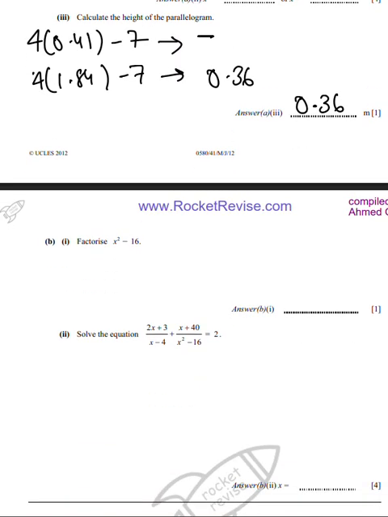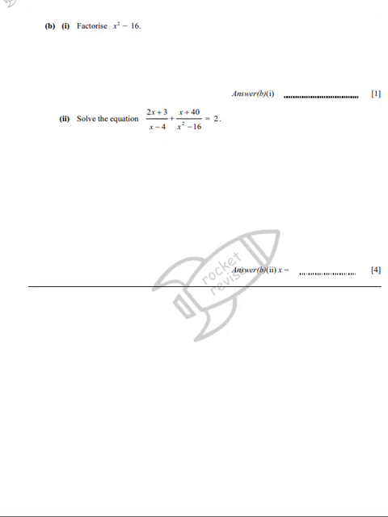Factorize x squared minus 16. Wait. Let's just move completely forward. Yes. Factorize x squared minus 16. Now what do we do? Isn't it simple, by the way? a squared minus b squared equals a plus b, a minus b, isn't it?